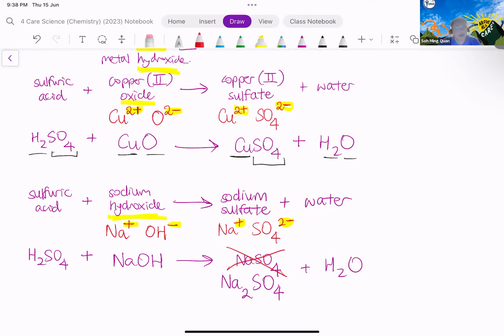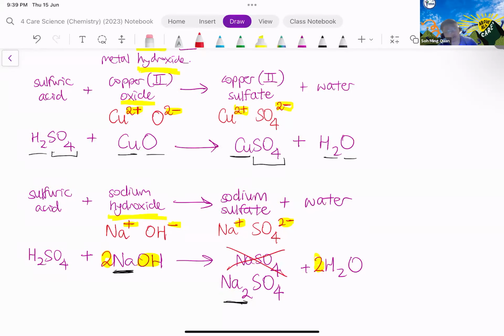The next step is to count the elements to balance out. 1 sodium, 2 sodium. So need to put a 2 in front of the NaOH. Now this is where the trick comes in. Whenever you have 2 OH, you will have 2 H2O.